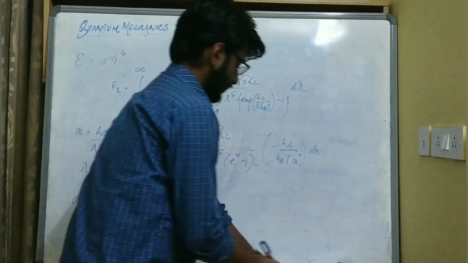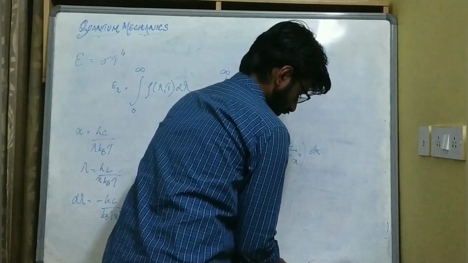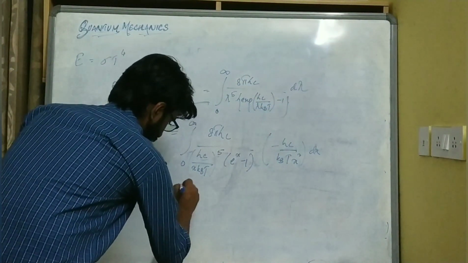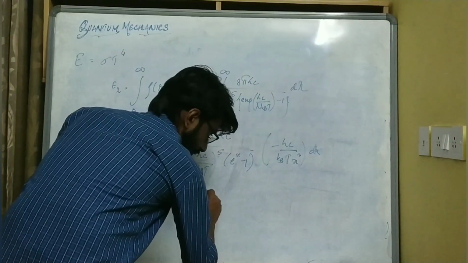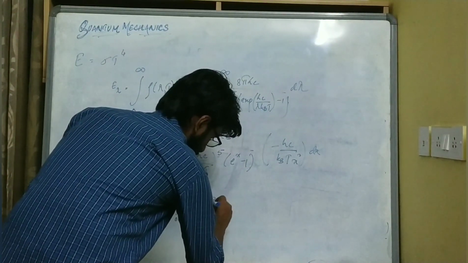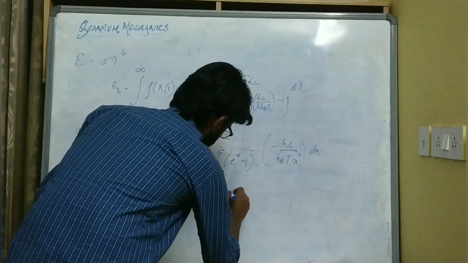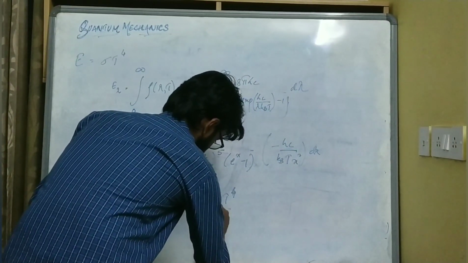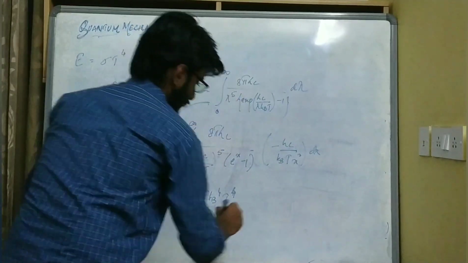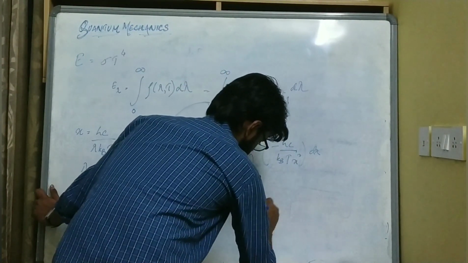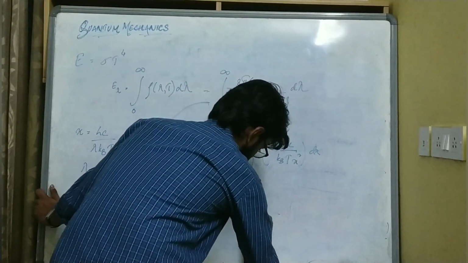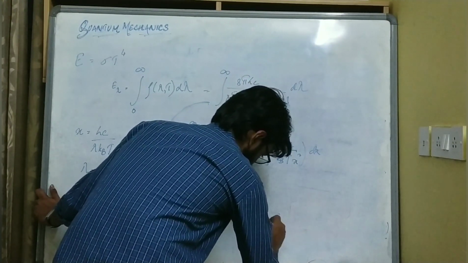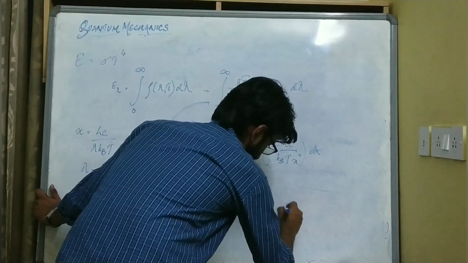Simplifying further, you will get 0 to infinity 8 pi kb to the power 4 t to the power 4 by h cube c cube times x cube by e to the power x minus 1 dx.